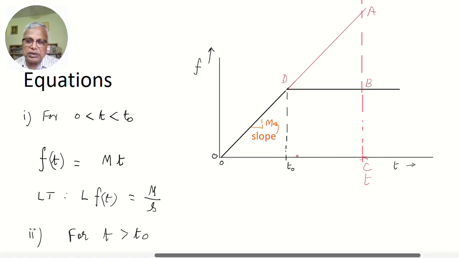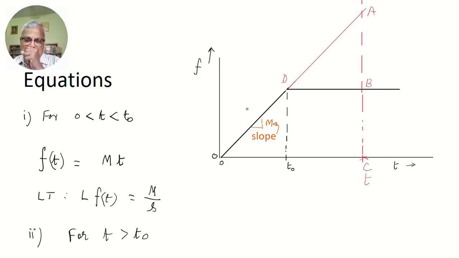The value of the function for t greater than t naught is this constant line. So now how do I get an equation for this? If the function does not terminate here, let me imagine I continue this straight line. So DA is a continuation of the straight line, and AC is a vertical at C.